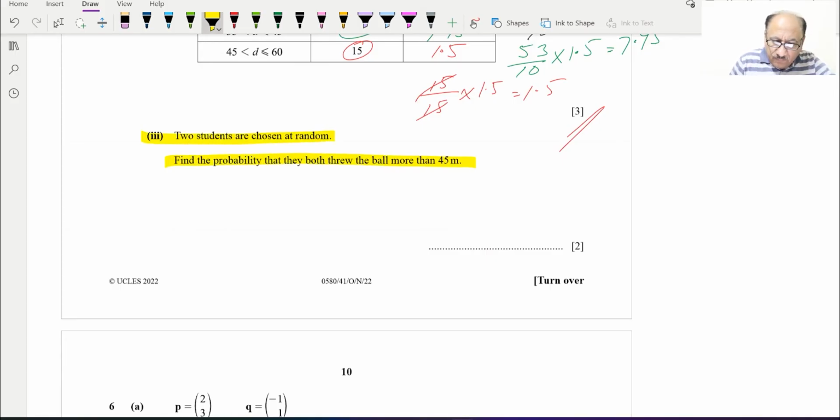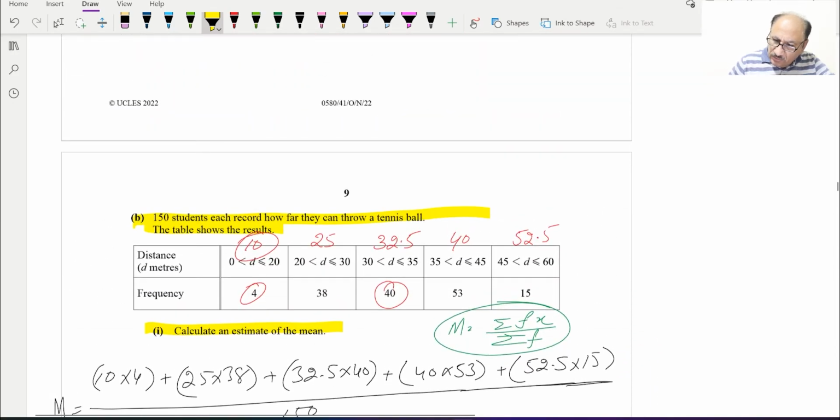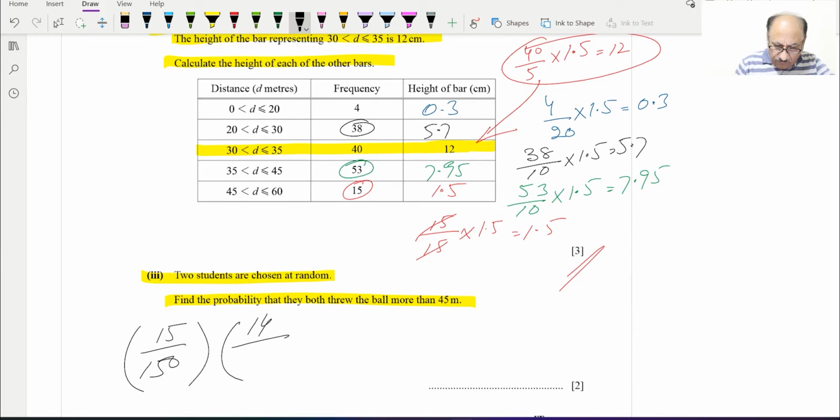Then they're saying two students are chosen at random. Find the probability that they both threw the ball more than 45 meters. More than 45 meters will be how many students? More than 45 are these 15. So 15 out of 150. For the second selection it will be one less, because one we have already chosen, and from the total we also reduce one.